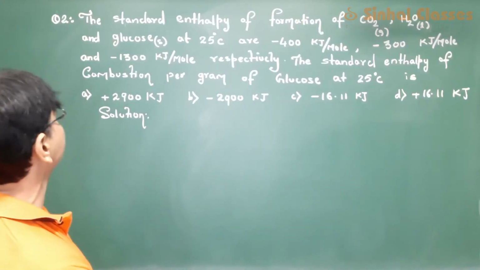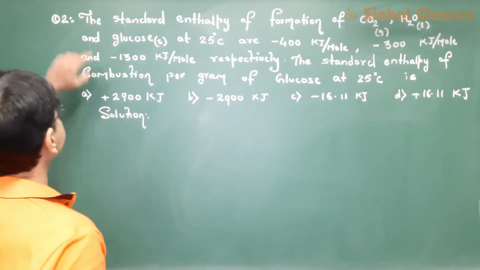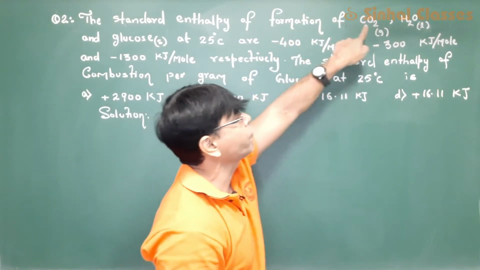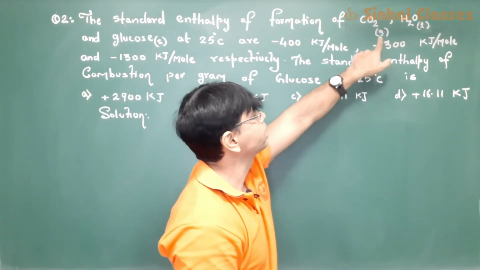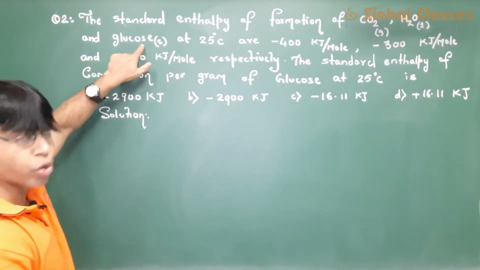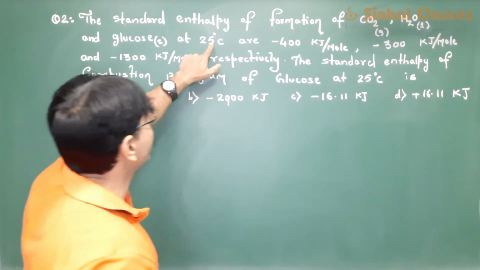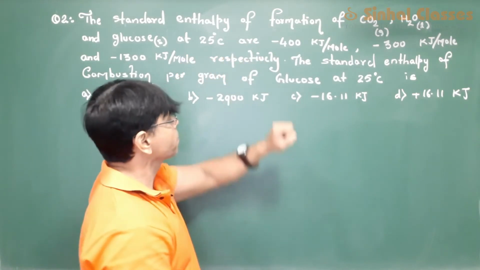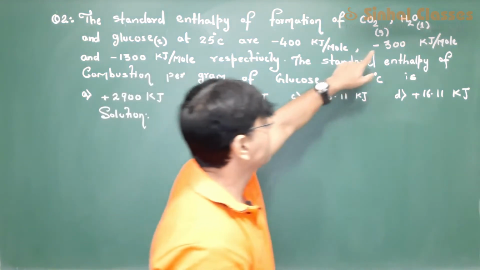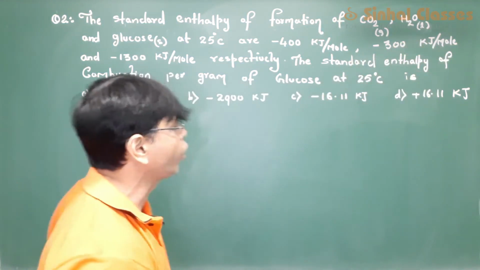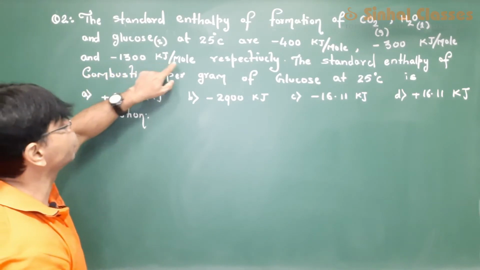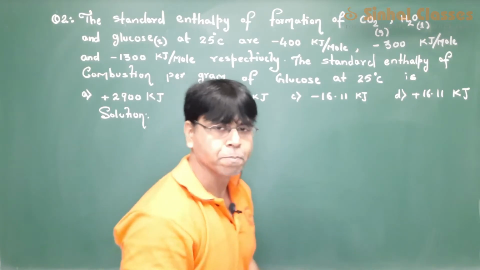Okay, let's see question number 2 now. It says the standard enthalpy of formation of carbon dioxide, water liquid and glucose at 25 degrees are minus 400 kilojoules per mole, minus 300 kilojoules per mole and minus 1300 kilojoules per mole respectively.